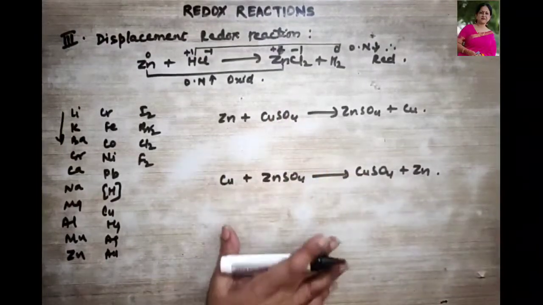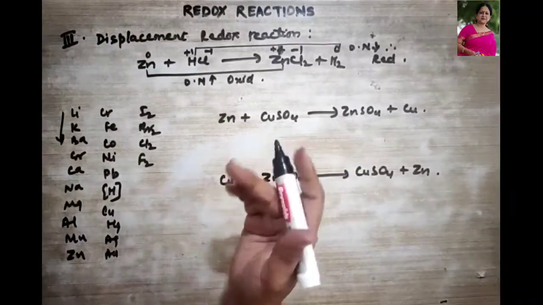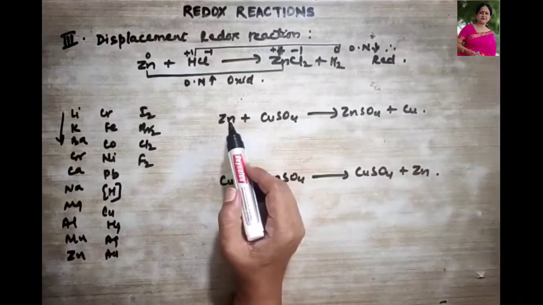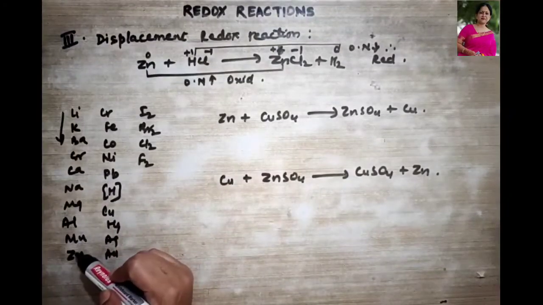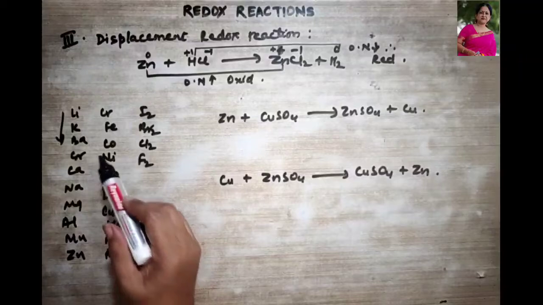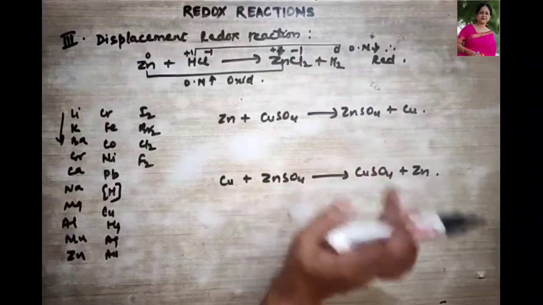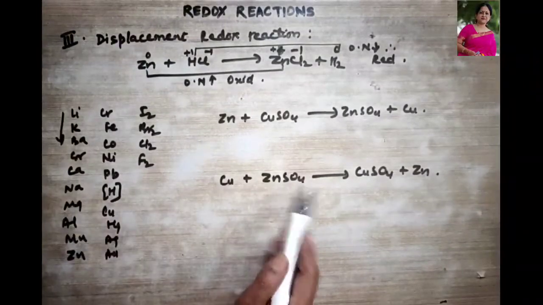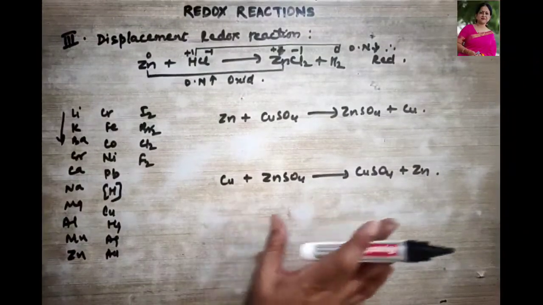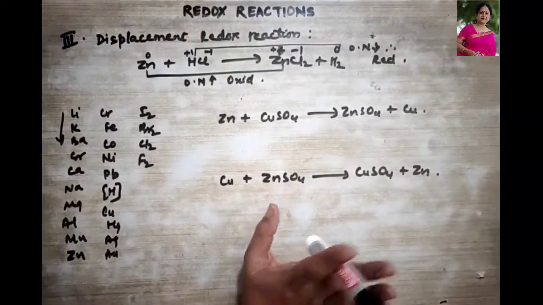Now which of the two reactions is possible? Very quickly you will say that zinc is above copper in the electrode series, so definitely this reaction is possible. But since copper cannot replace zinc, this reaction is not possible. This was all what we were trying to explain till class 10th.